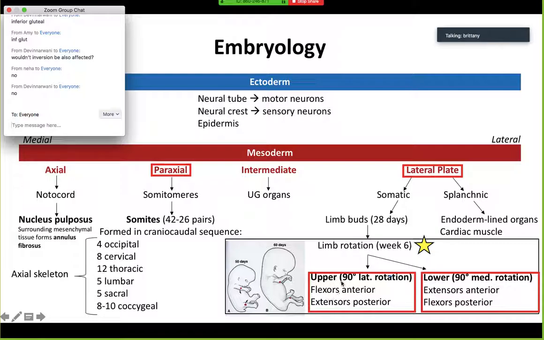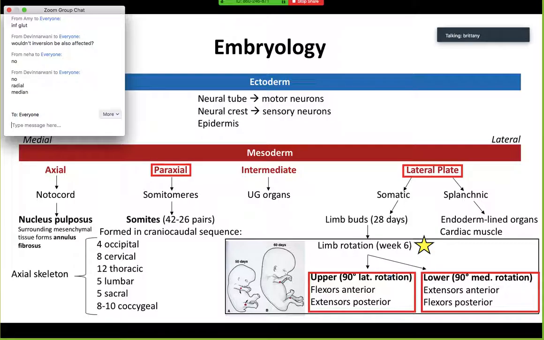Remember your flexors are in the front and your extensors are in the back. In the upper limb, what nerve is getting most of the extensor compartment? Right, the radial. And then how about the flexors of the forearm? Median, good job. And then the flexors of the arm.